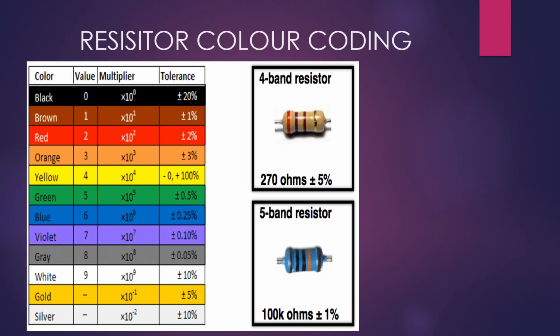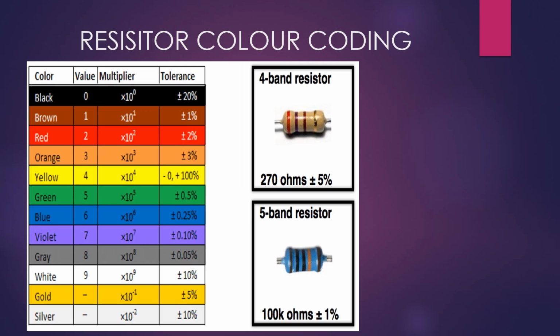We said the first two bands are our first two values. The first value is 1, so our first band is brown. The second value is 0, so our second band is black.